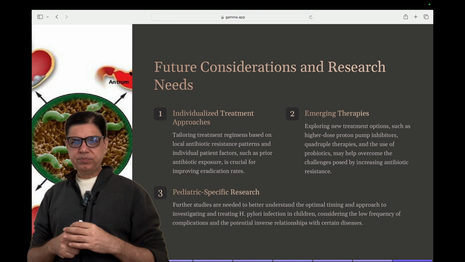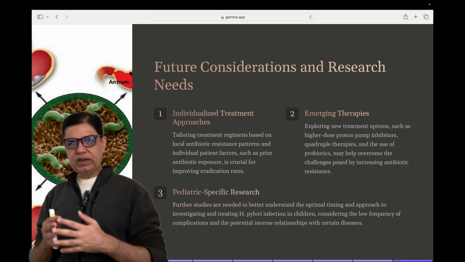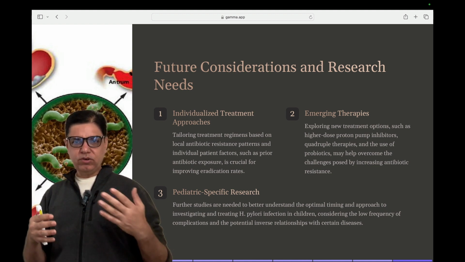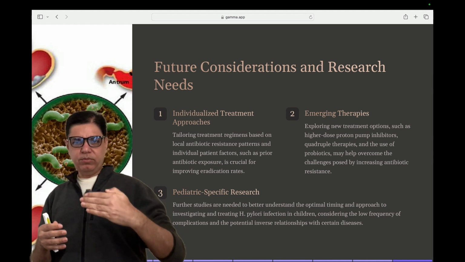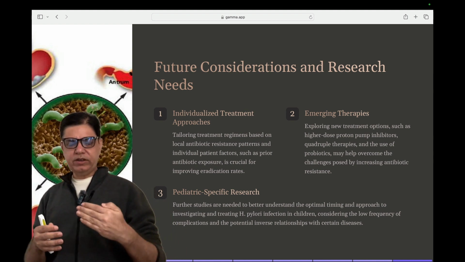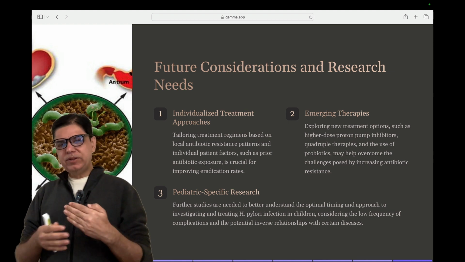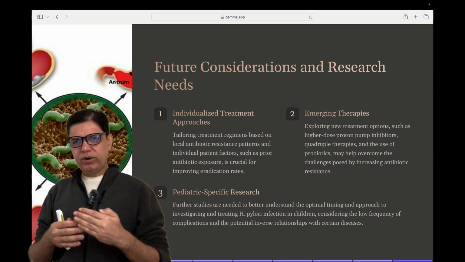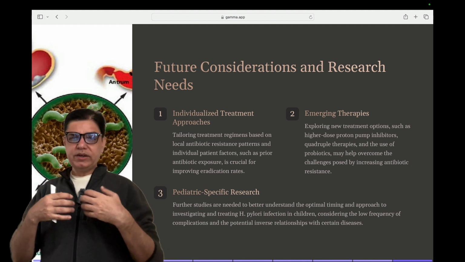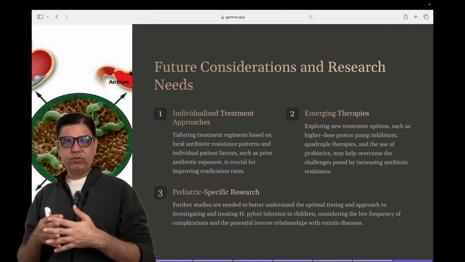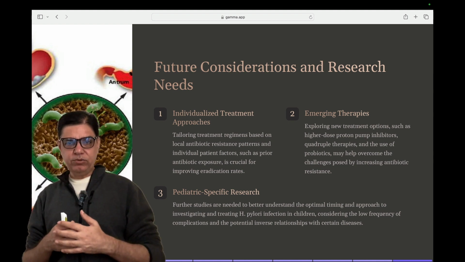Number two is that we also have to look at emerging therapies. It's been a long time that the standard treatment in the form of omeprazole, amoxicillin, clarithromycin, or metronidazole has been going on. There has been some research around probiotics as well, but we need to find out if there are further antibiotics with lesser side effect profiles that are effective against H. pylori.